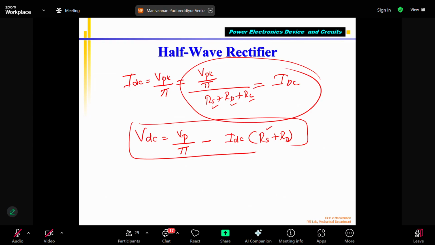Okay. Sir, I think like the VDC in the top, I think it should be IDC. IDC, right, sir? Yeah, this is IDC. Yeah. Which one you are talking? The IDC equal to VPK, VPK by pi is there, right?